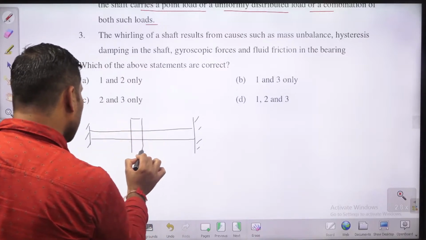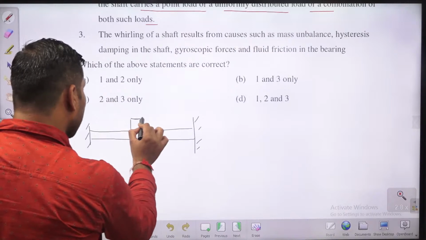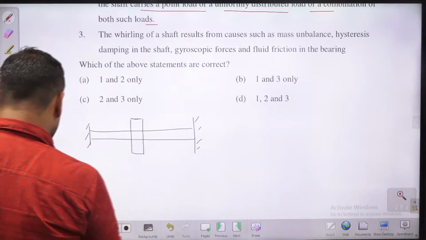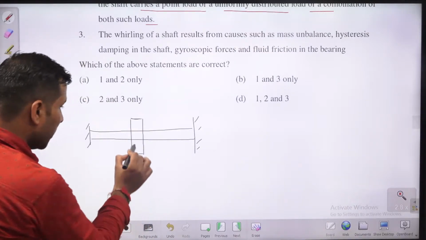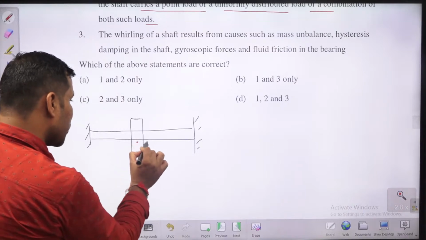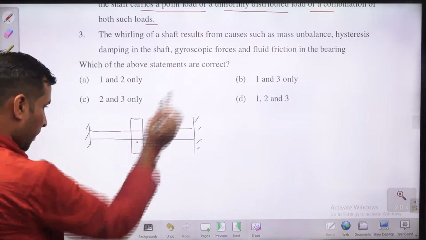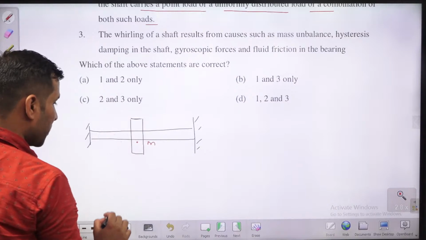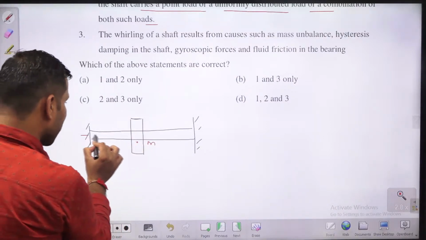Now, guys, due to some kind of metallurgical or manufacturing difficulties, sometimes it is observed that the center of mass of the shaft displaces from the central axis.